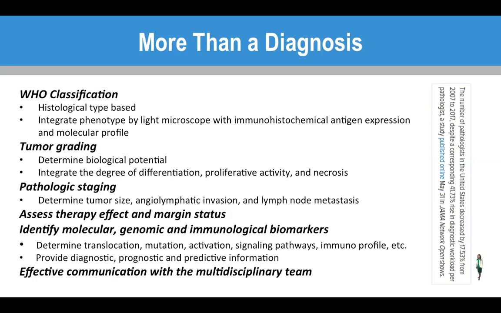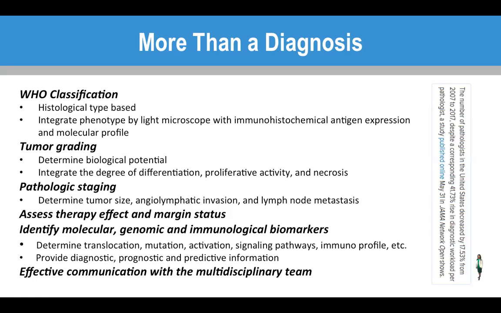And if the tumor is treated with neoadjuvant chemotherapy or radiation therapy, then the pathologist's job is to evaluate the therapy effect. What really makes things more complicated compared to the pathologist's job before is to study and identify molecular, genomic, and immunohistochemical biomarkers. Even for cancers like lung cancer, it used to be small cell, non-small cell carcinoma, period. Now you have small cell and non-small cell; within the non-small cell, you have adeno and squamous, and then you have all those immunomarkers.